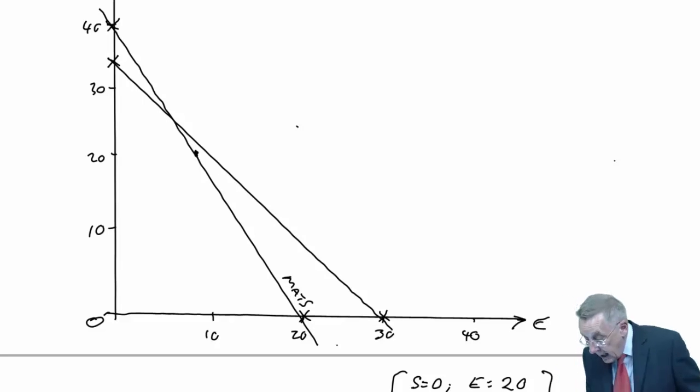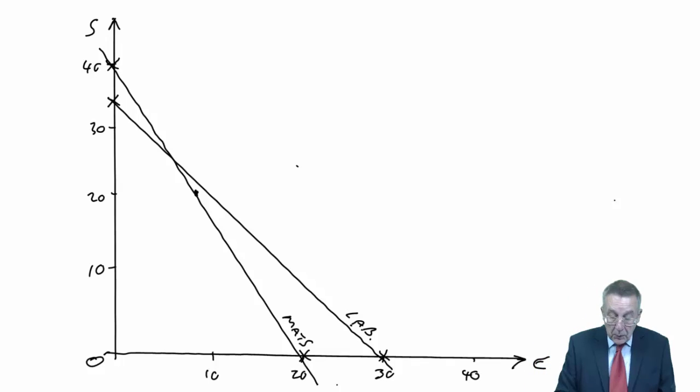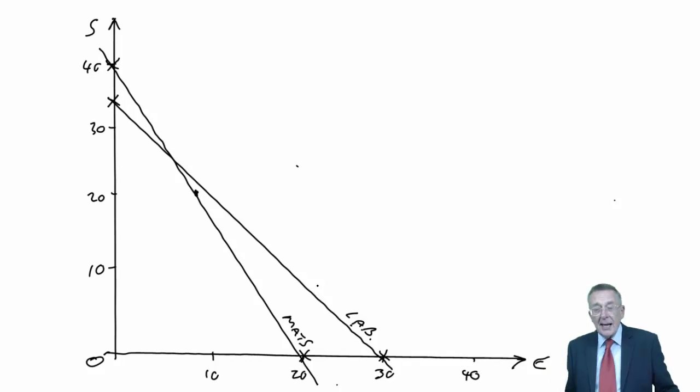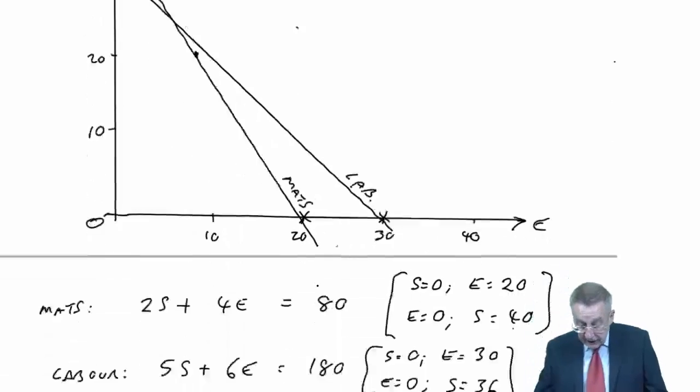But there is our labour constraint. And in a similar way to materials, any answer we end up with, S and E will either have to lie on the line or be below it to be using less than 180. What else? Well, we've also got this demand constraint.